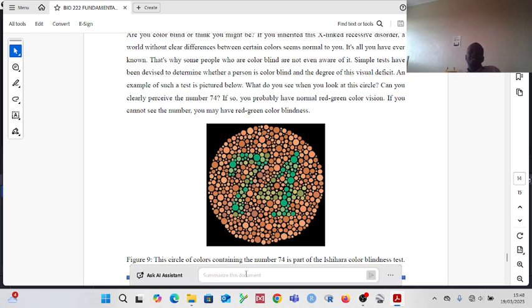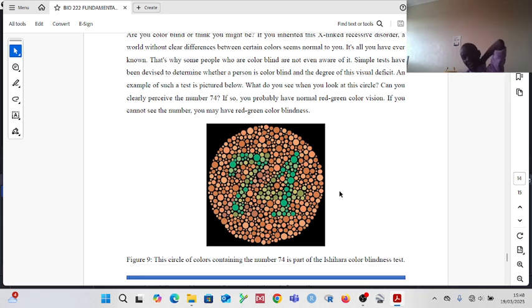But if you have a difficulty with that, then you are likely to be suffering from this red-green color blindness. And trust me, more males will have that inability to read this number compared to most female students in class. So this is just a test of the red-green color blindness.